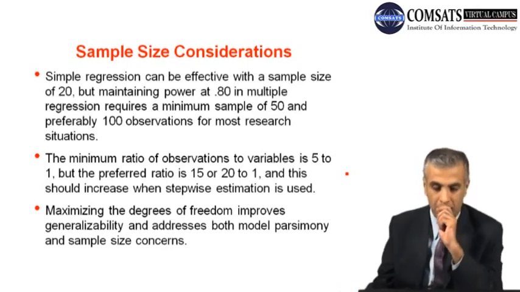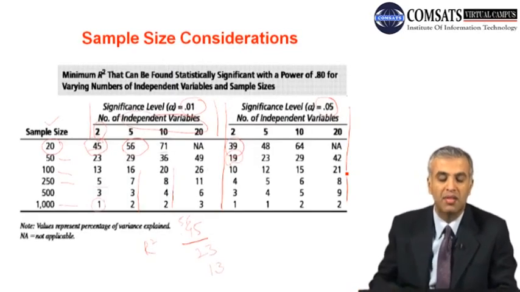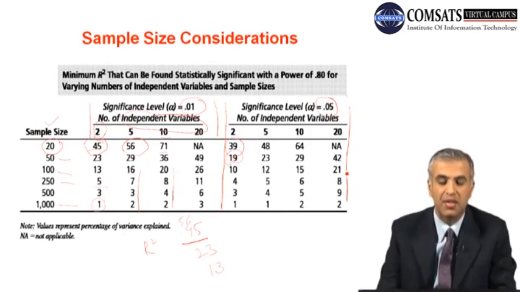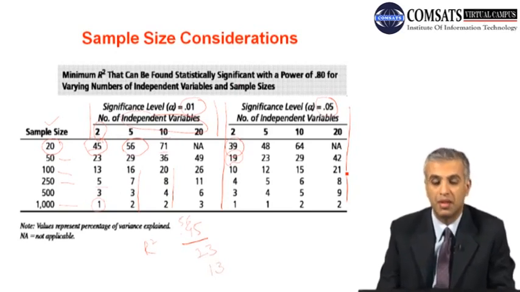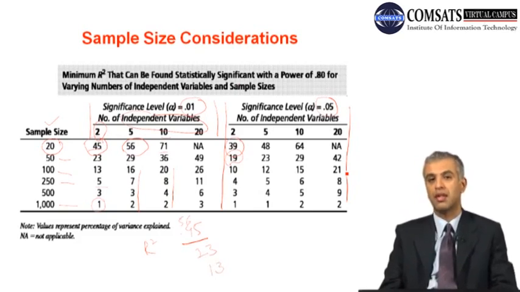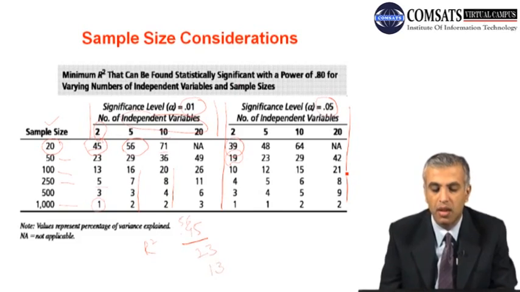So coming to the sample size considerations, this chart gives us a very clear picture of how sample size determination should be made, and how these independent variables play an important role in the effectiveness of R square.